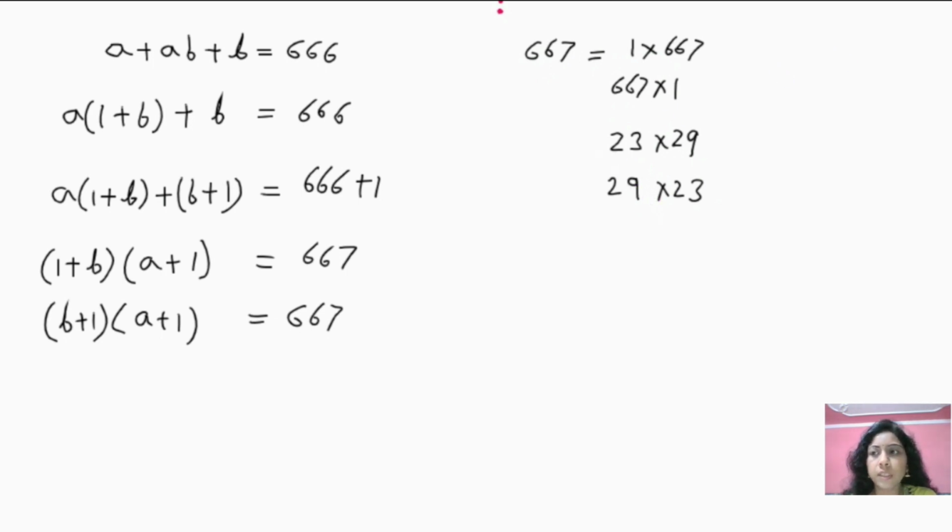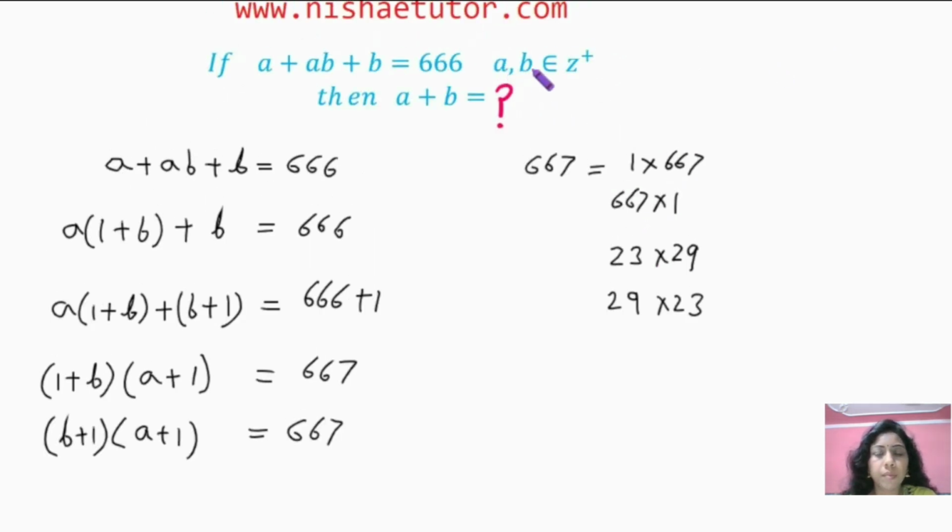Here it says a and b are positive integers. Positive integers means the lowest one is 1, then 2, 3. So b may be 1 or more than 1, right?